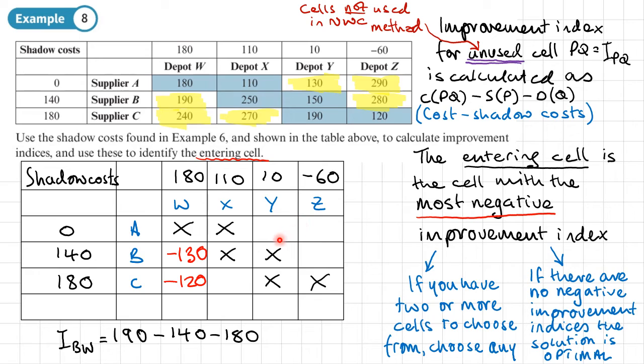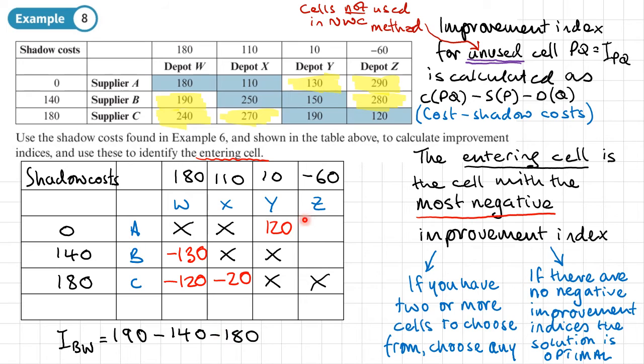For this one here, improvement index for AY, so that would be, actually let's do this one first, improvement index for CX, which is this one, 270 minus 110 minus 180, so that's like 270 minus 290, so that's going to be negative 20. The improvement index for cell AY, so that's 130 minus 10 minus 0, so that's going to be 120.